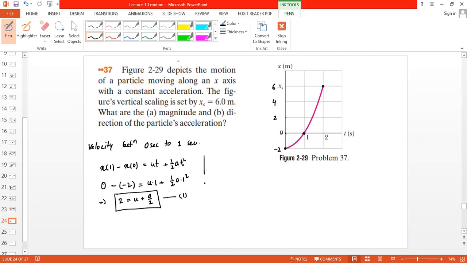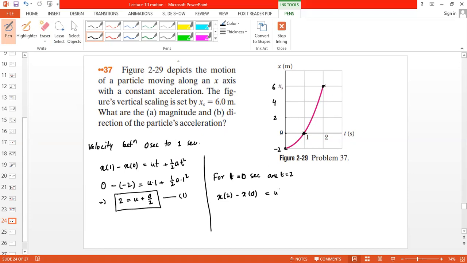And again, consider t equal to 0 second and t equal to 2 seconds.